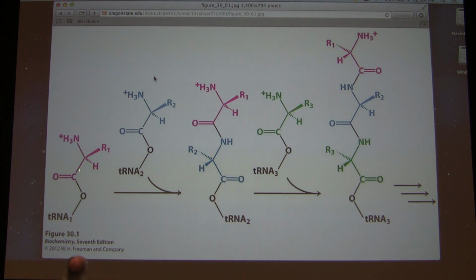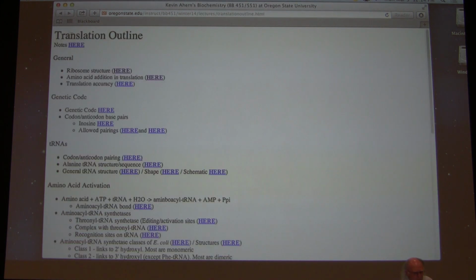Oh boy, I'm telling you the wrong thing. This is actually doing translation. Sorry, I'm ready for the amino acyl tRNA synthetase. Let me go to that and I'll come back to this. Sorry, I'm showing you the wrong one. Here it is. It's actually this process right here.